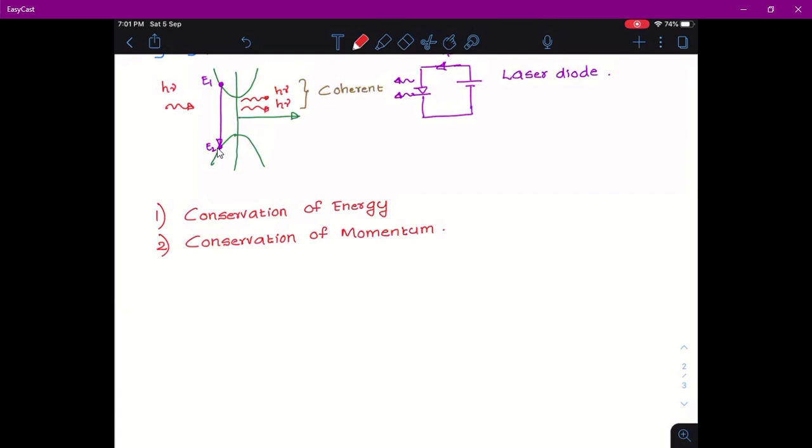Just like energy, if you add extra energy to the system, the final energy will be the sum of the already existing energy plus the added energy. Similarly, if you add extra momentum to the system, then the final momentum will be the initial momentum of the system added with the momentum that you have supplied.